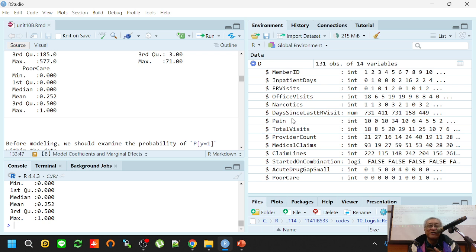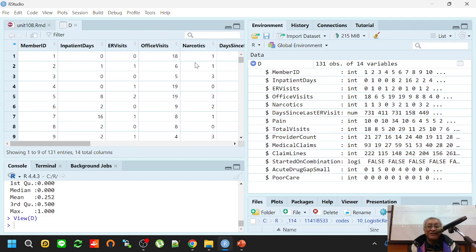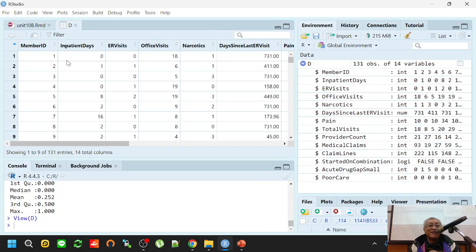All of these are for every member. Every data point represents an insurance buyer, a policy owner, and the ID is the member ID. And here is the hospital record.